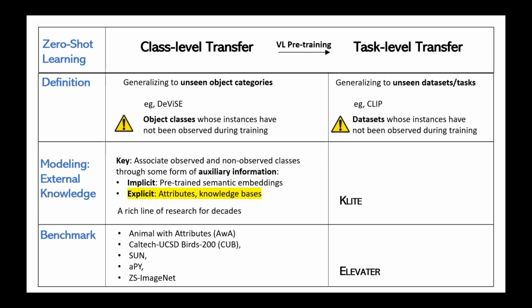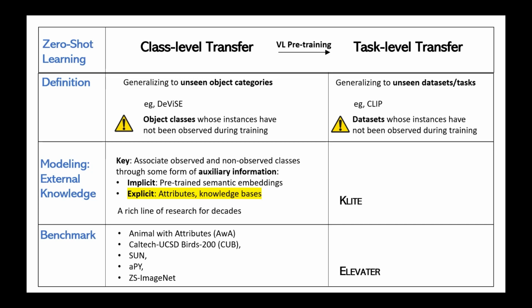Thanks to the recent advances in VLP, we have observed a clear trend of moving from class level transfer to task level transfer. For example, CLIP trains on web scale image text data and then evaluates the model performance on over 30 image classification data sets.